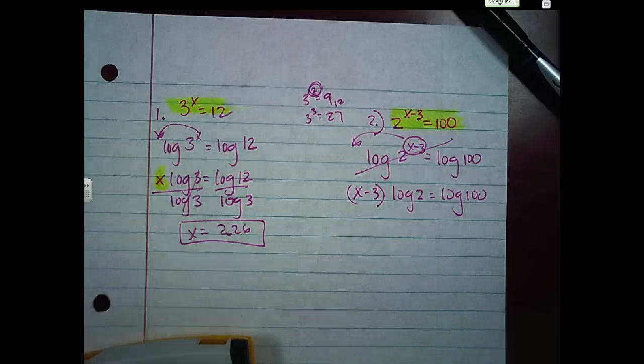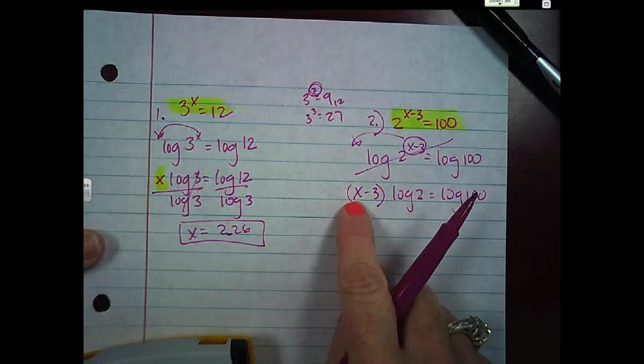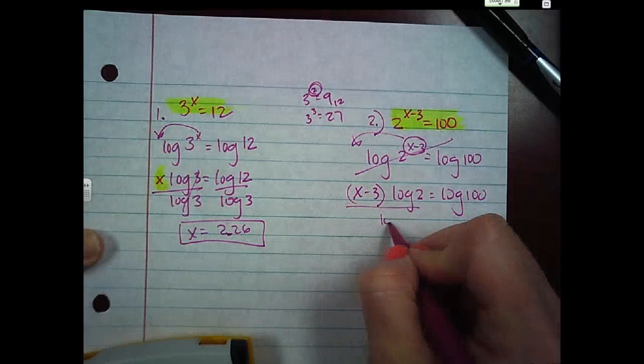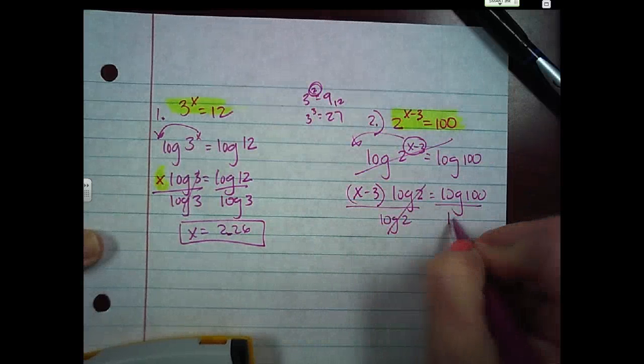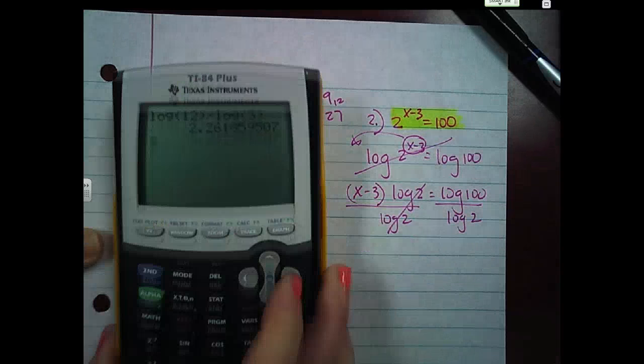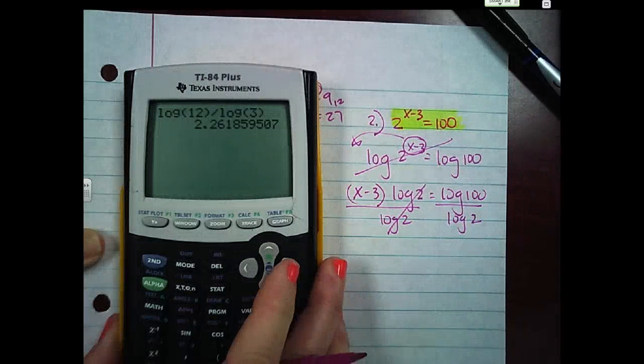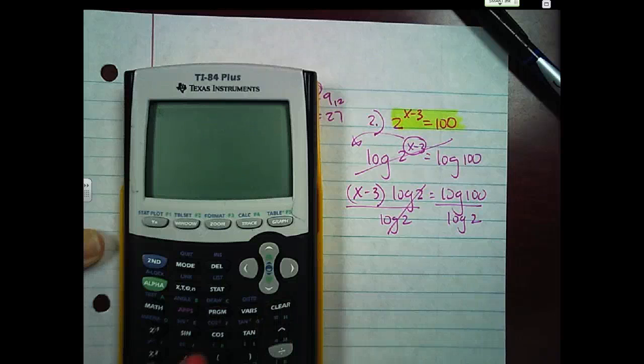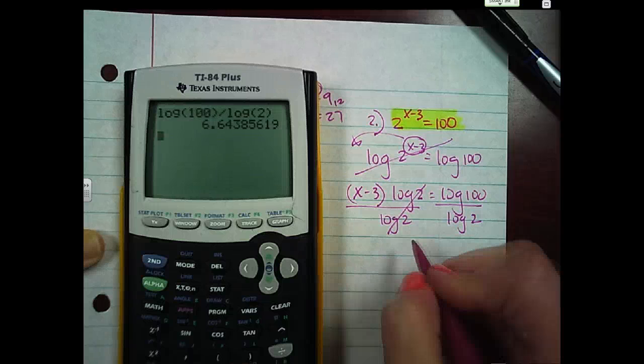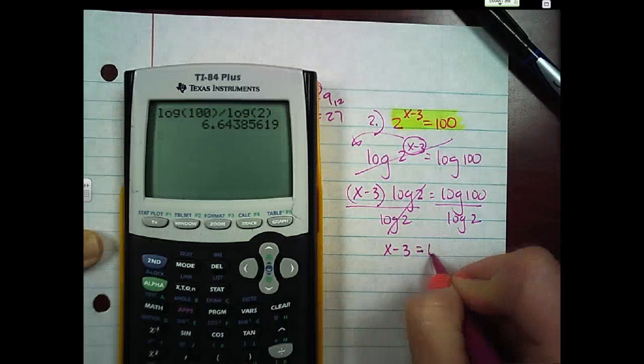Now to get x by itself, I'm going to divide both sides by log 2. So in your calculator, you're going to do log 100 divided by log 2. So x minus 3 equals approximately 6.64.